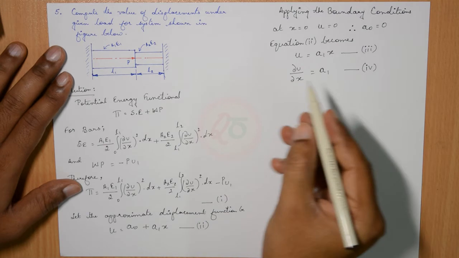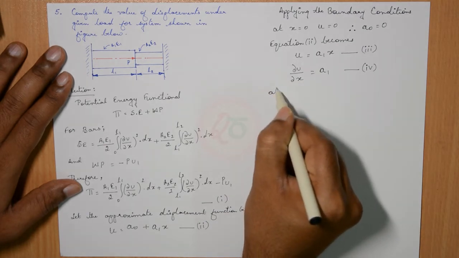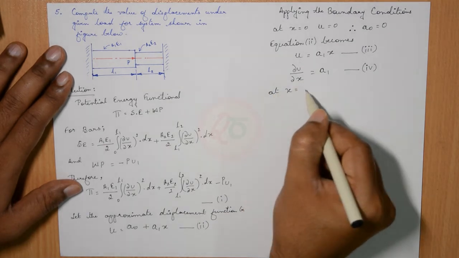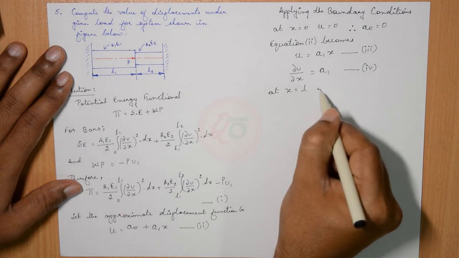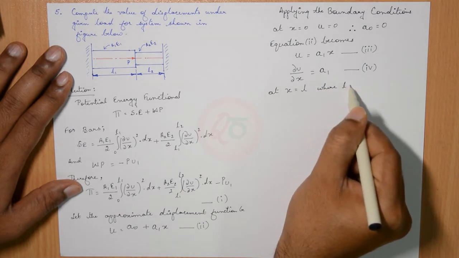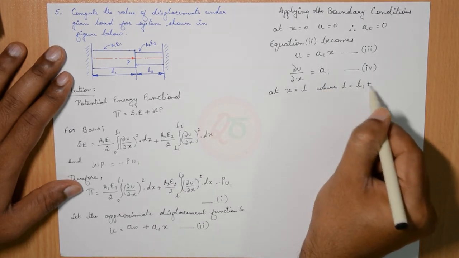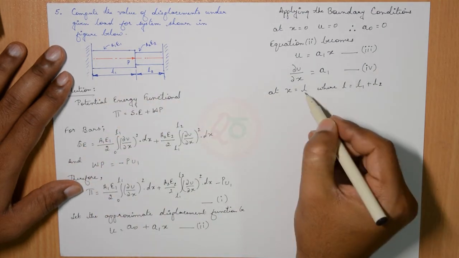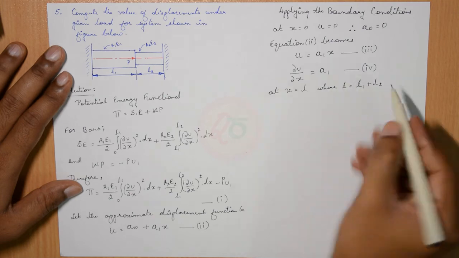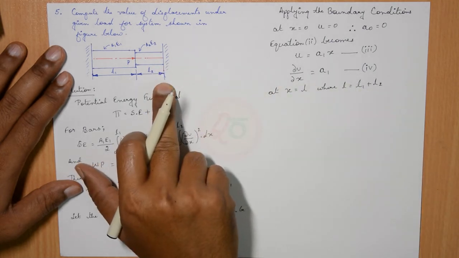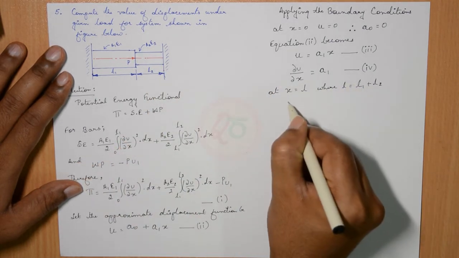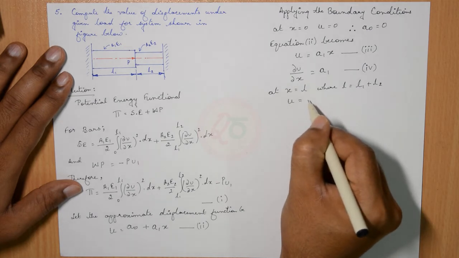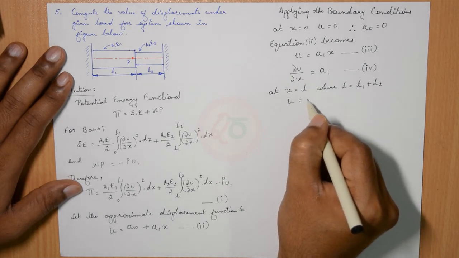Okay. Now the other boundary condition is at x equal to L, where L equals L1 plus L2. L1 plus L2, I am naming it as small l. At the rightmost end or right extreme end, displacement u is again 0.